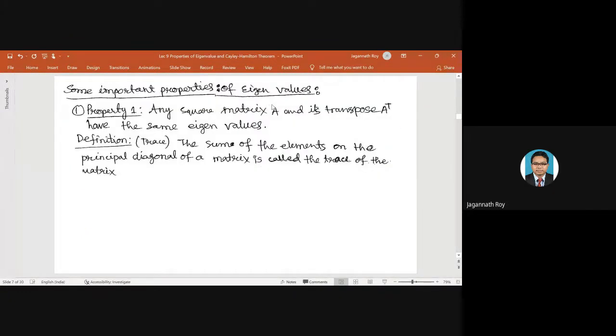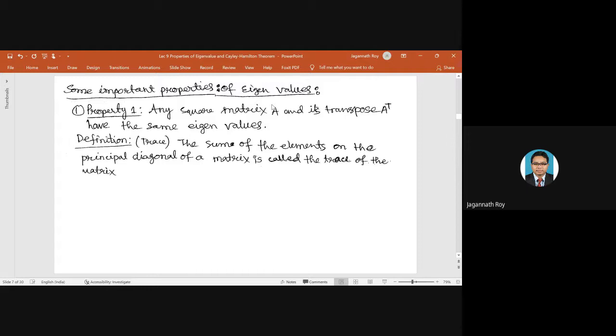But there are some important properties that we'll just mention without proof. Proofs are not part of our syllabus, but these results are very important to find some other interesting results also.